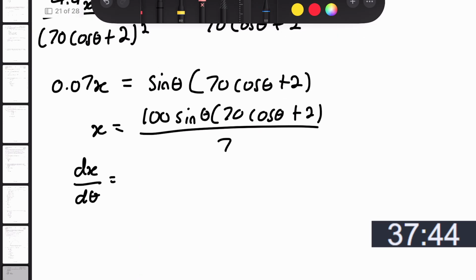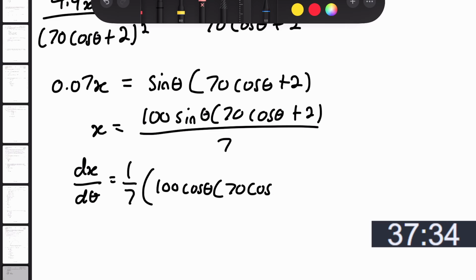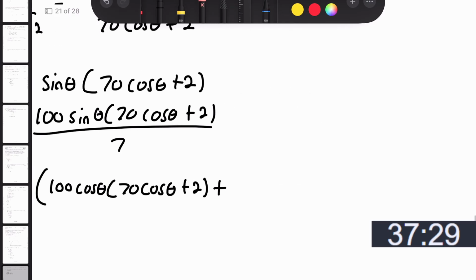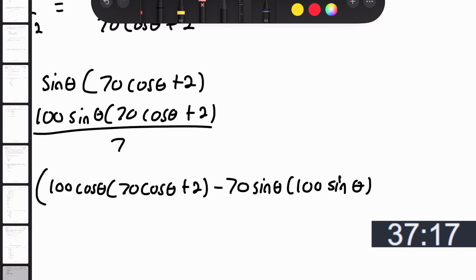let's see, derivative of the front, so 1 on 7. Front is just going to be 100 cosine of theta, 70 cosine of theta plus 2, plus derivative of the inside, which is negative sine, so negative 70 sine of theta times 100 sine theta.